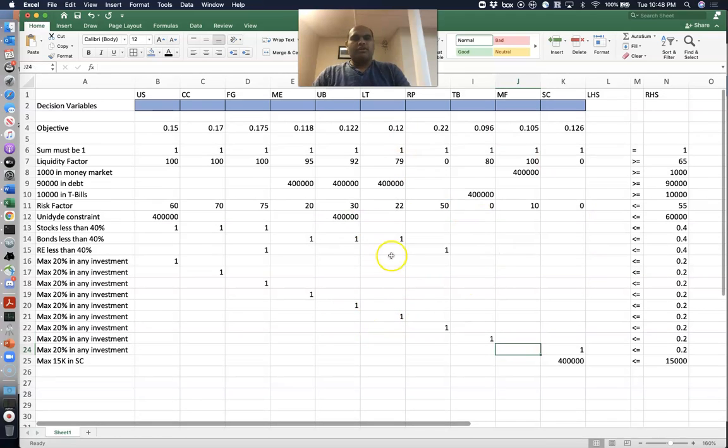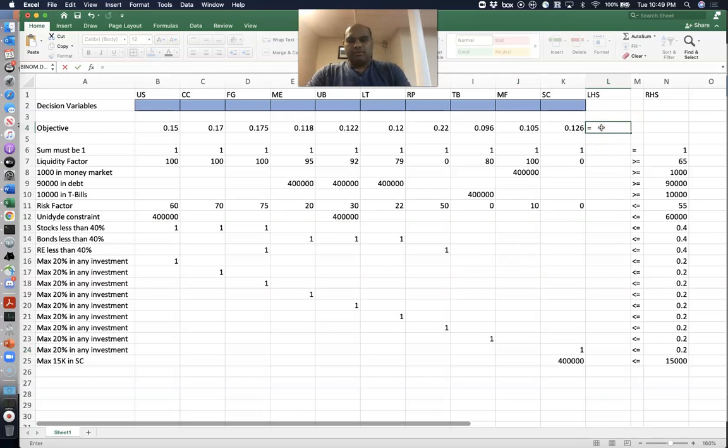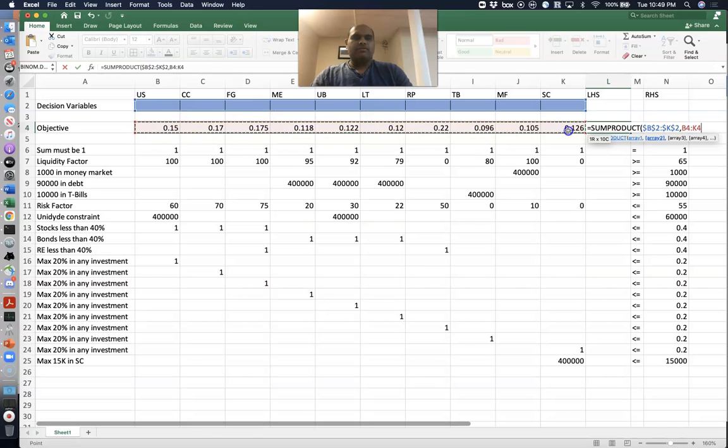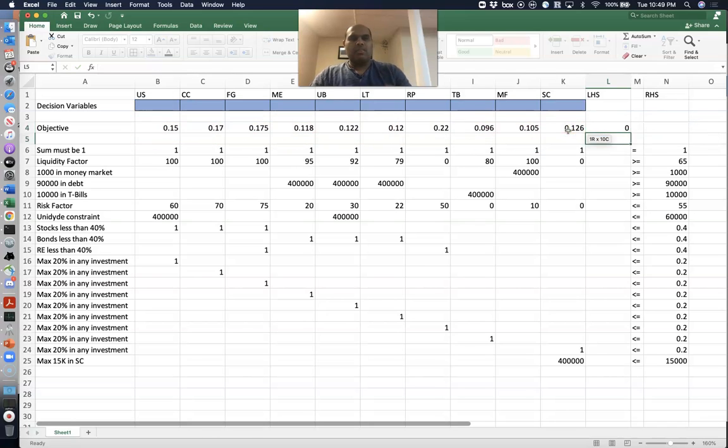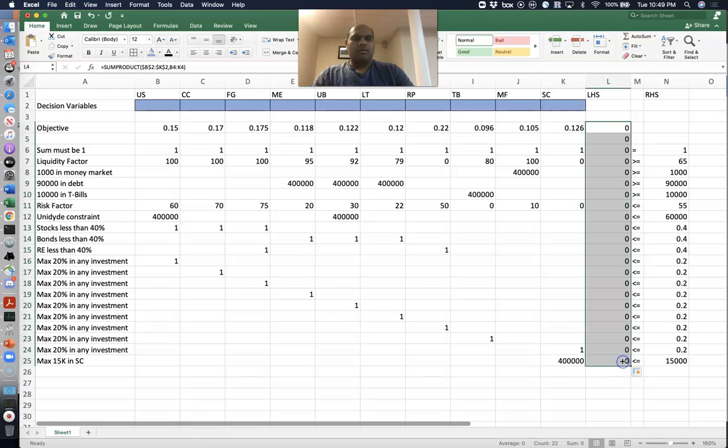Now that we have written all of these constraints, let's write the formulas, put them into the solver and solve them. So the sum product formula. We always write the sum product formula. I'm going to choose the decision variables first, make them dollar signs, and then the objective. Copy the whole thing down.